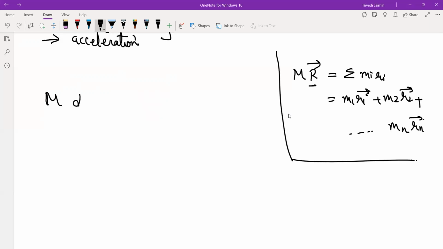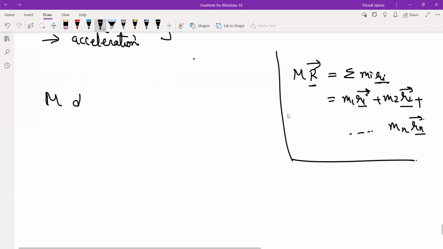So what I'm doing is differentiating all this R with respect to t, because I want to introduce velocity. I cannot do it on the left side and leave the right side alone. Whatever I do, I should do on both sides.